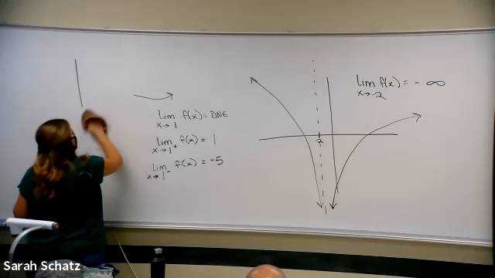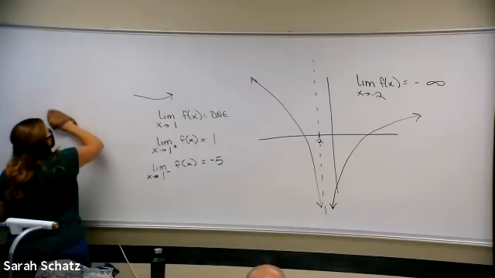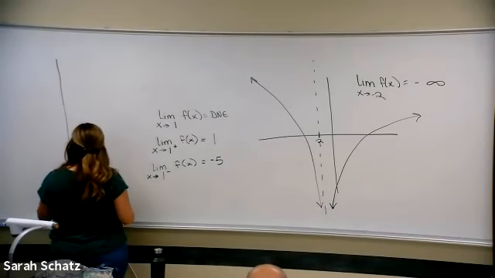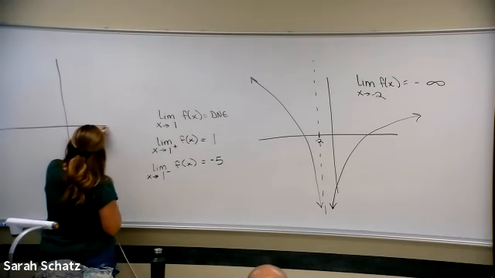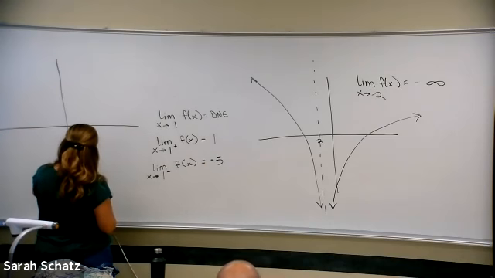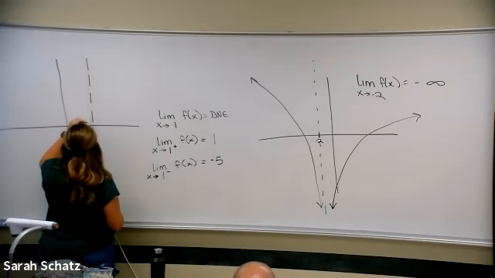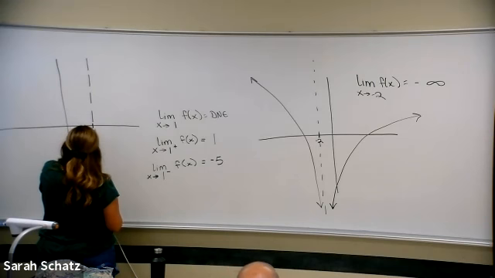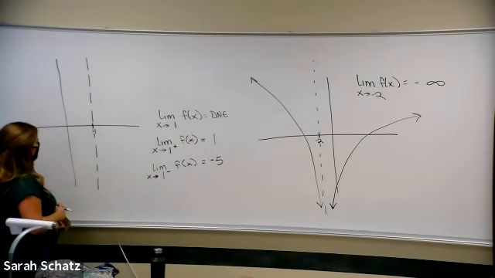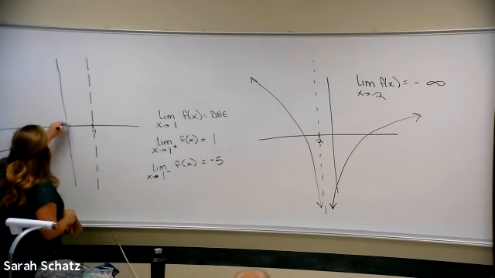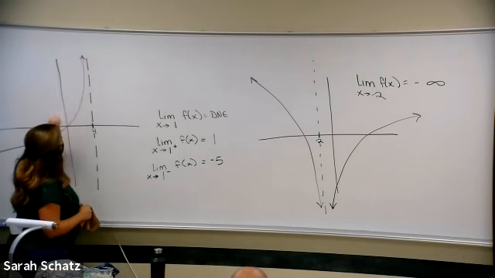So what if I have an asymptote line on a graph? Let's say that on this graph, our asymptote line is going to be at x equals 4. On this side of the graph, I'm going to come up like this.